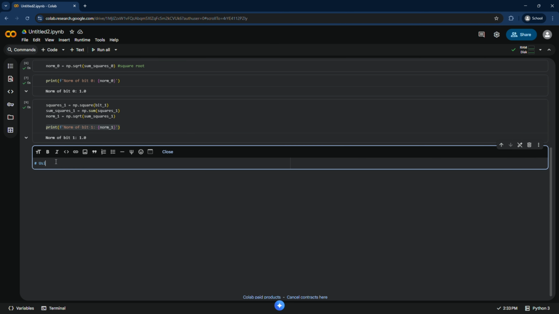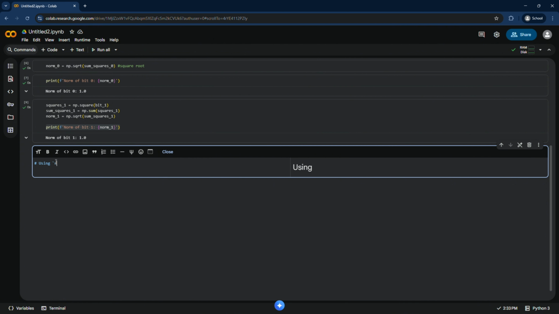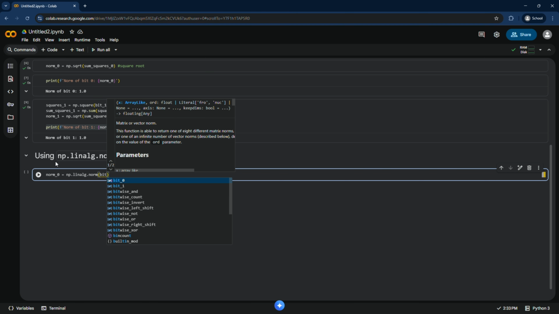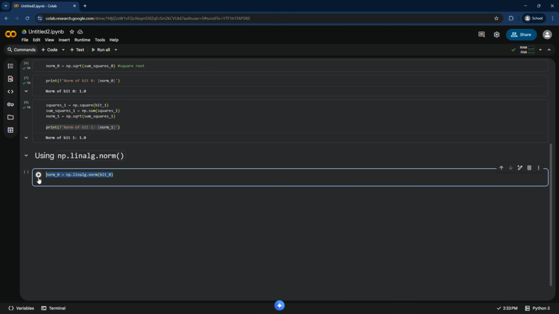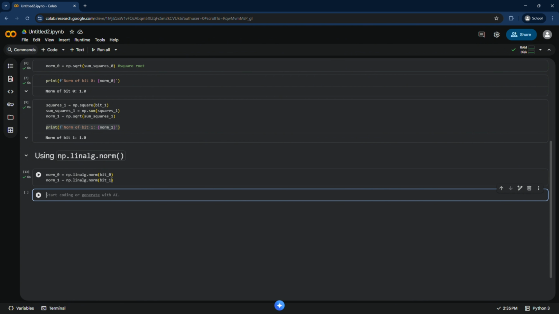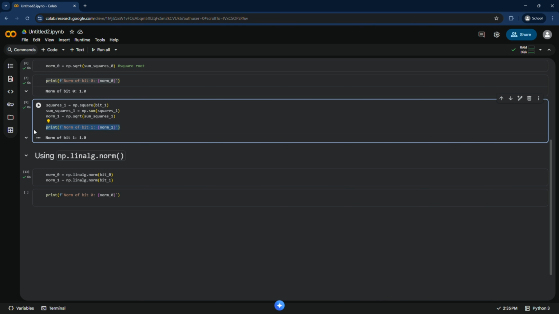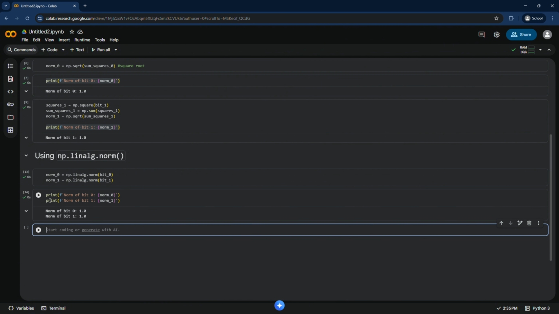Now compute the norm with NumPy's built-in function. To compute the norm, we will use np.linalg.norm. Again, this gives the same result. Both norms are 1.